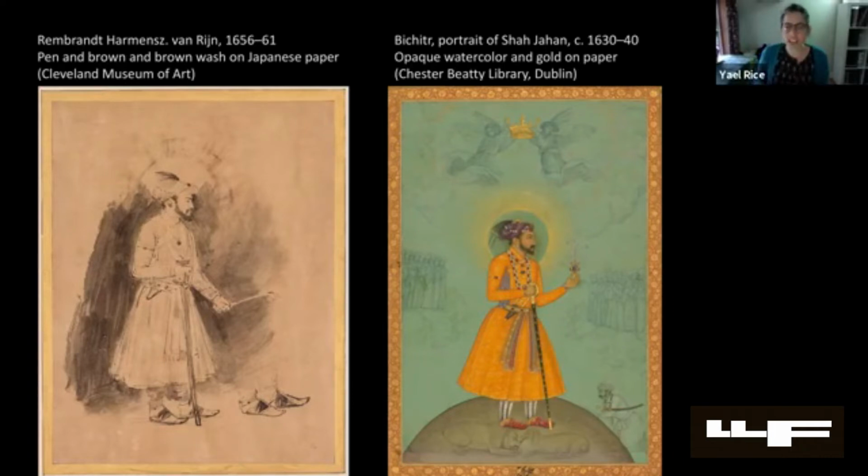So what we're seeing here in Rembrandt's reception of Mughal paintings, in this case a portrait of Shah Jahan, is his interest in these materials as exotic luxury objects from the East, right? And he's using, again, expensive Japanese paper for his studies after them, and as opportunities for him to explore composition and form. And he really seems to attend in large part to the figural compositions.